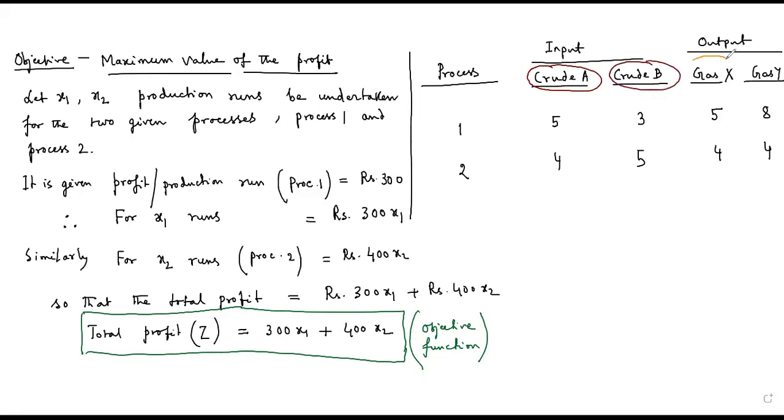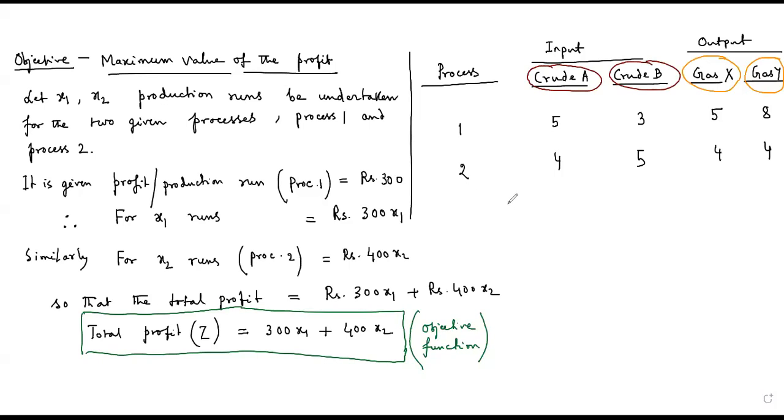Another type of constraints is based upon the outputs gasoline X and gasoline Y. And it is written that the maximum amounts available for crudes A and B are 200 units and 150 units respectively.